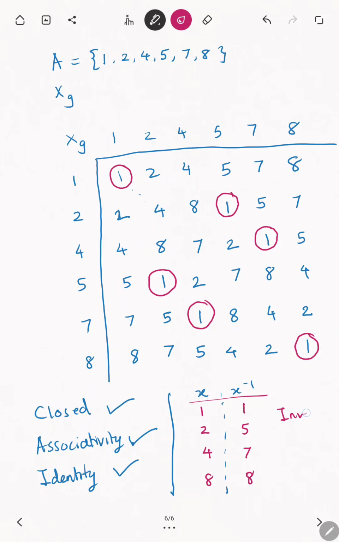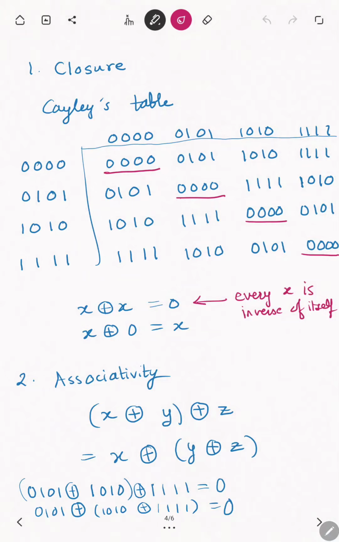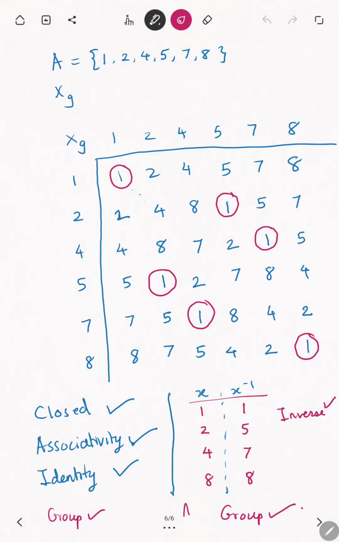Now inverse exists for all the elements, therefore it's a group. Okay, and moreover the operation is commutative, therefore it's an abelian group. So it's a group, and it is also an abelian group.